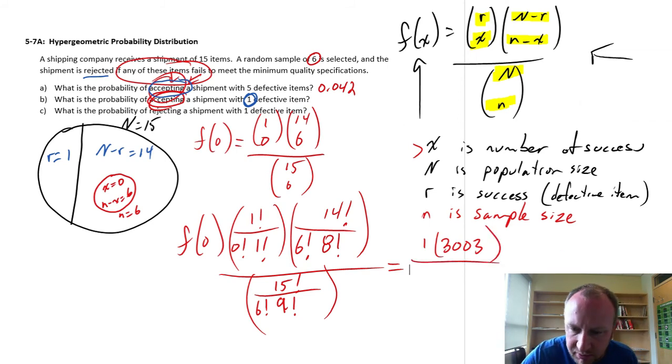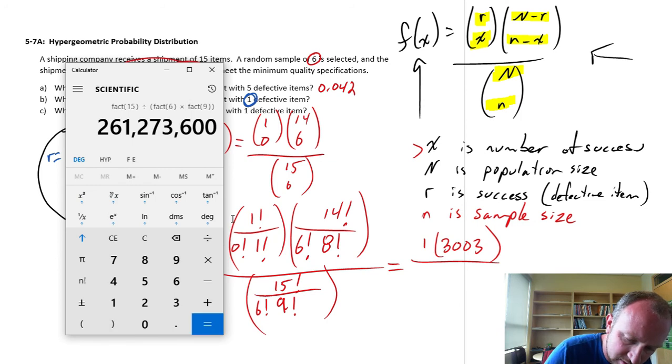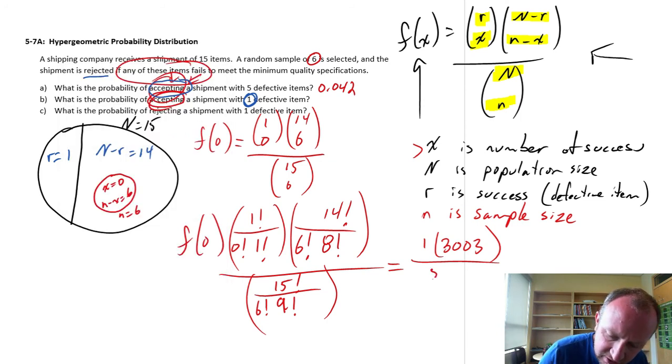And in our denominator, this hasn't really changed from the first problem: 15 factorial divided by 6 factorial times 9 factorial, 5005.